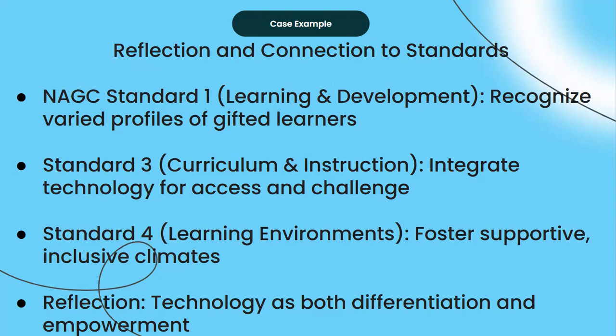Standard 3 emphasizes using evidence-based instructional strategies. His use of technology enables both access and depth of learning. Standard 4 underscores creating environments that are emotionally supportive and intellectually engaging. Mr. Ramirez's emphasis on flexible grouping and autonomy fosters belonging and confidence. So this is what I was talking about, being flexible with those things.